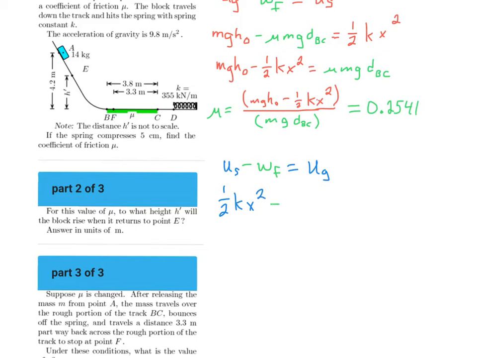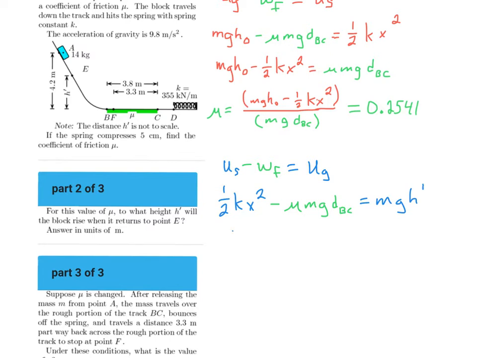Just like before, we're going to have the same work done by friction, so it's still the mu times mass times gravity times the distance between B and C. And that's going to be equal to mgh prime, where h prime is our final height. So this will be much easier for us to move around and to solve for. We would just end up dividing by mg, and it'll clean up pretty nice.